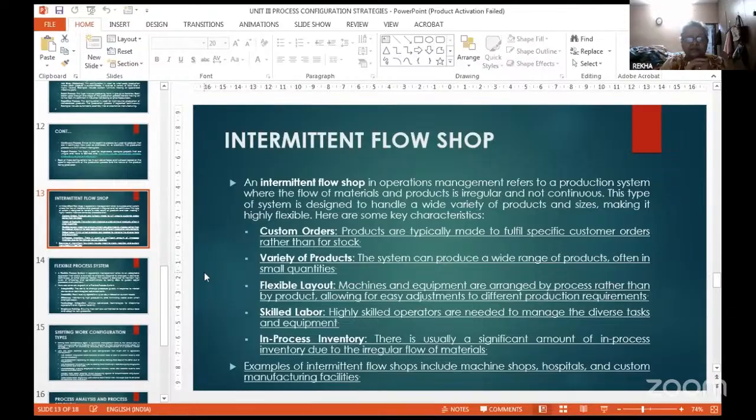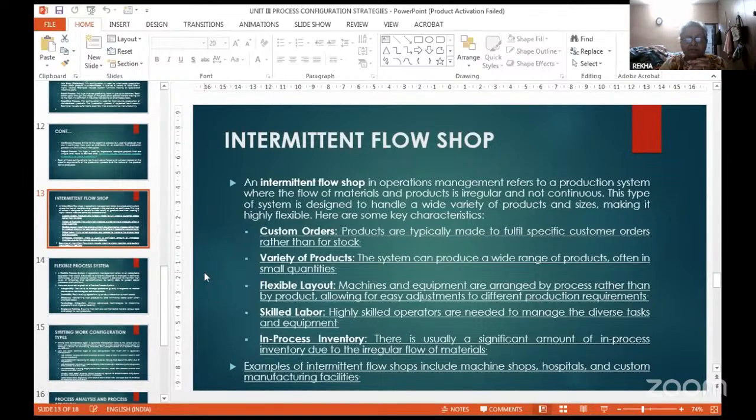In-process inventory: there is usually a significant amount of in-process inventory due to the irregular flow of materials, because it is not continuous. Sometimes it is high, sometimes it is low. So in-process inventory has to be maintained wherever it is required.